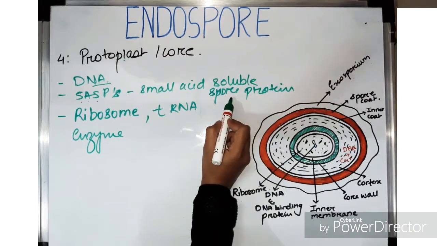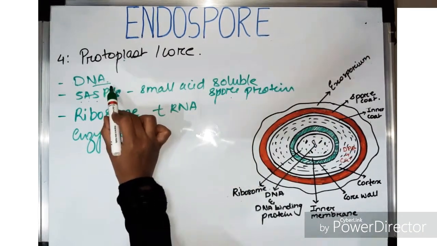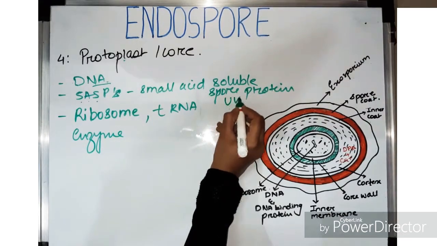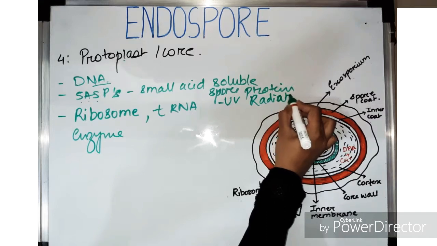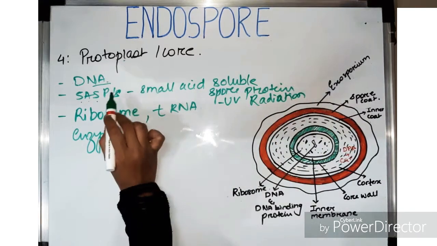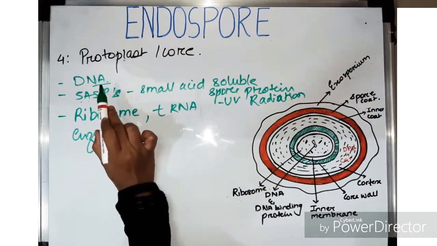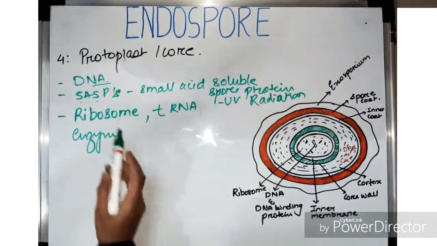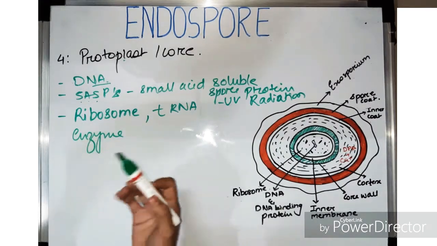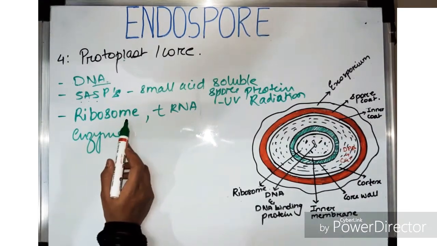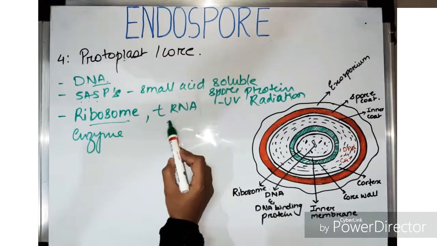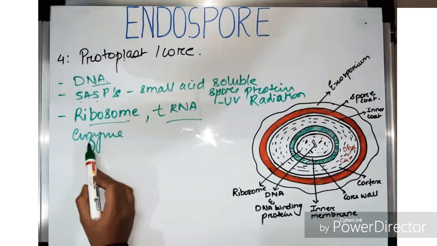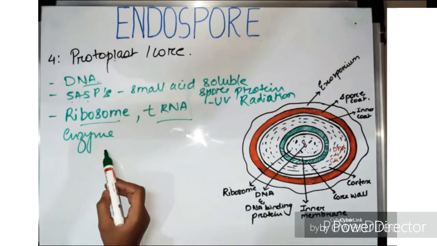These proteins protect the DNA from the UV radiation as well as the heat. The next is, there is some protein synthesis machinery available in the protoplast itself, which is ribosomes, tRNA, and some enzymes. These enzymes help the endospore to germinate.